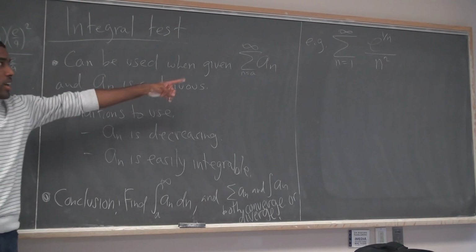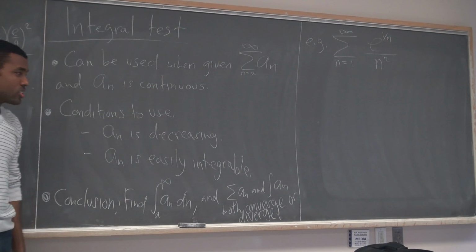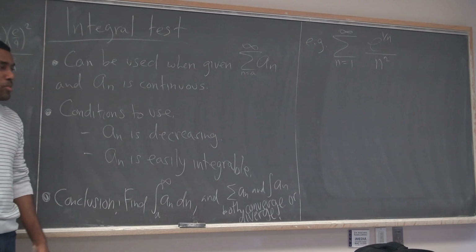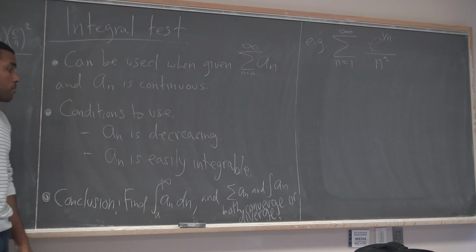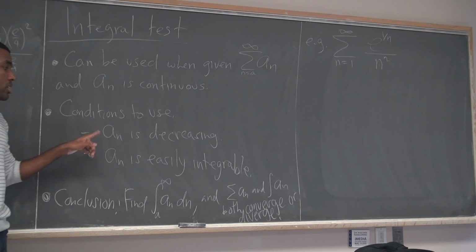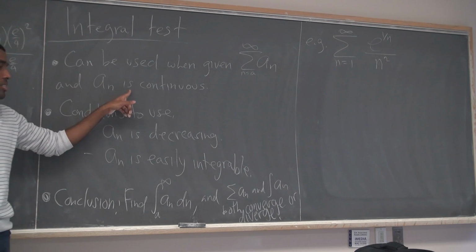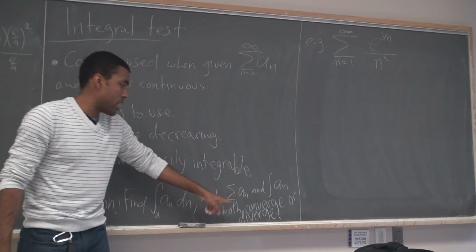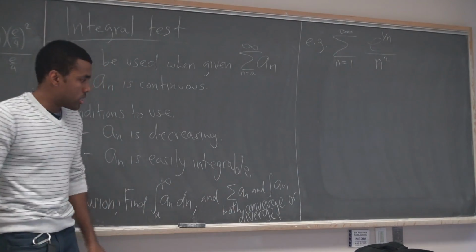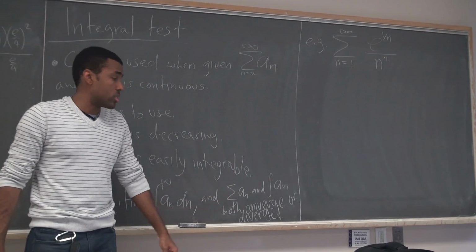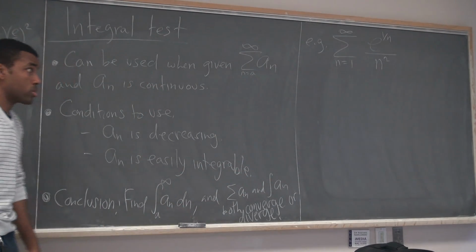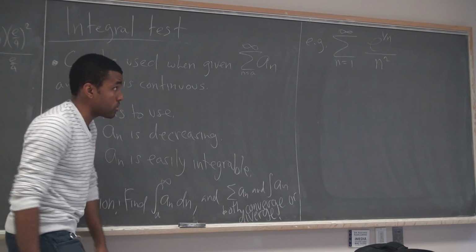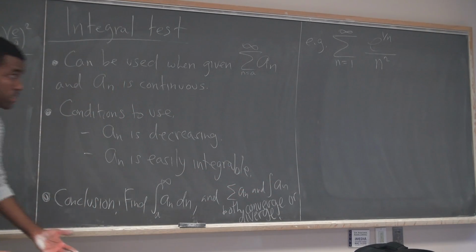If you happen to notice that the function is continuous and the integral is actually pretty easy for me to compute, then, if the thing is decreasing, easily integrable, and continuous, you can apply what we call the integral test. It turns out that the integral will behave similar to the series. The integral will always give you a slightly bigger answer than the series, but they'll both converge. Once that one converges, it's bigger than this one, so this one would have to converge. So that's basically the integral test.